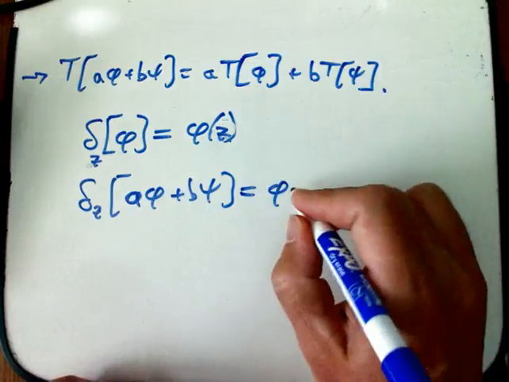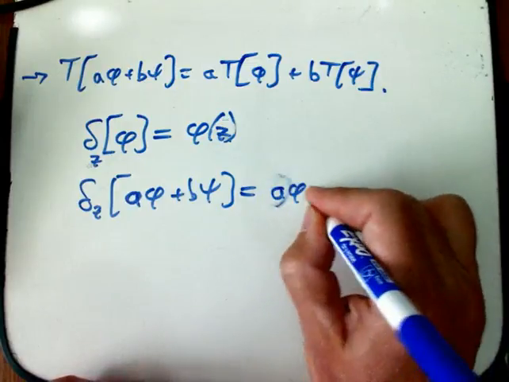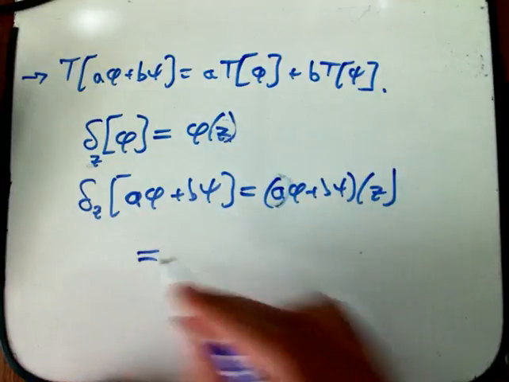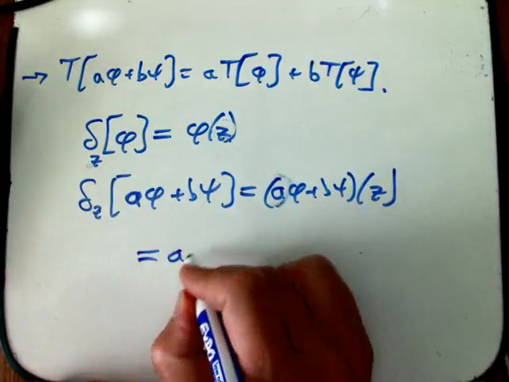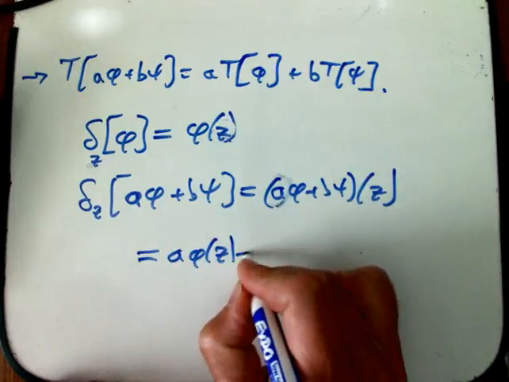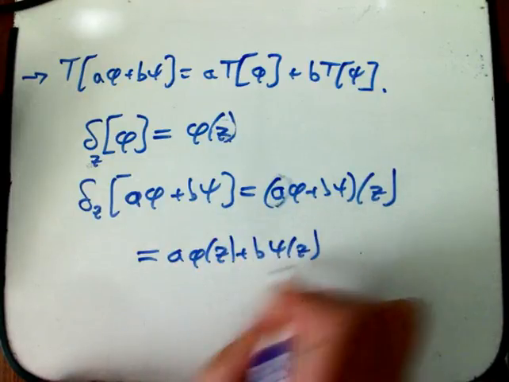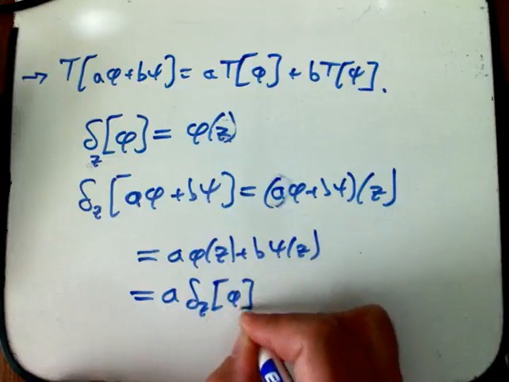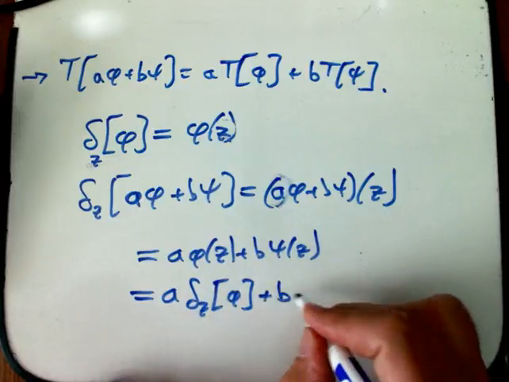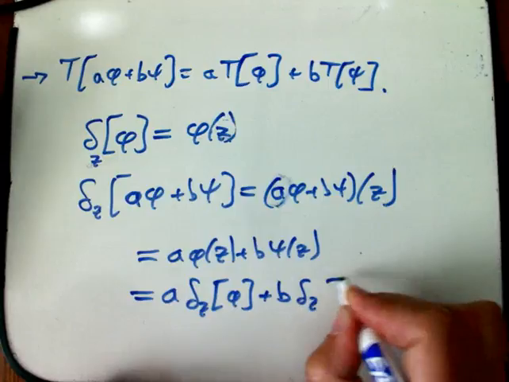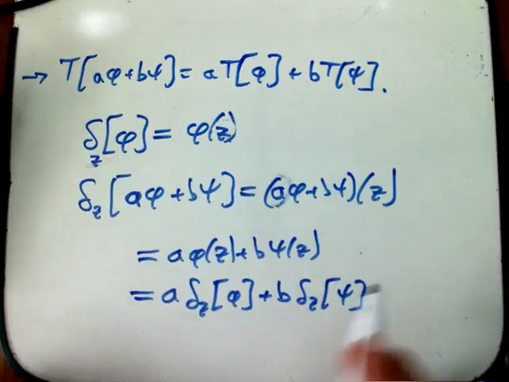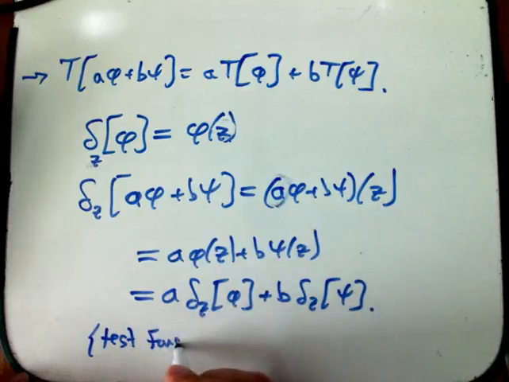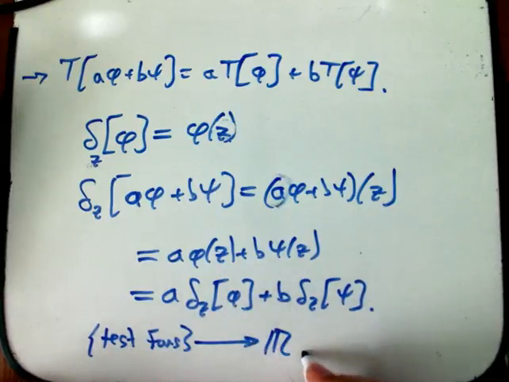By definition, this takes the function a phi plus b psi and evaluates it at the point z, but by definition of how you add functions and scalar multiply functions, that just gives you the corresponding combination of these. And wrapping it back up in the fancy notation, that is a delta z of phi plus b delta z of psi. So this also is a linear map from our space of test functions to the real numbers.